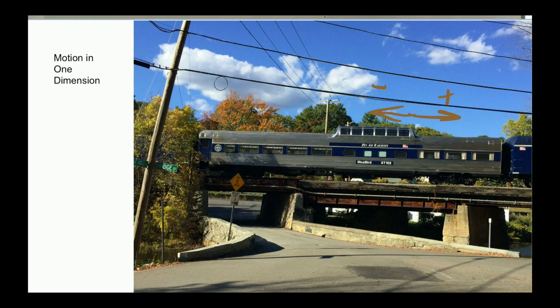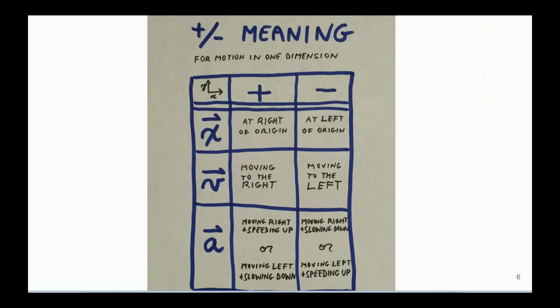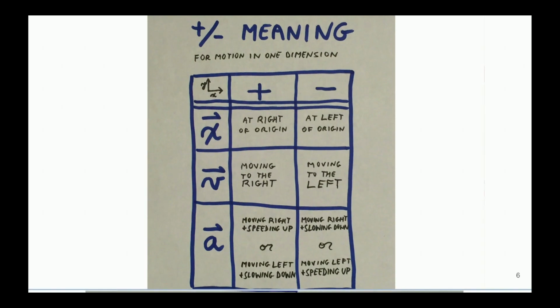If you're in that situation, the plus and minus begin to have a meaning, and we've discussed that earlier, right? So plus for position, where you are relative to the origin. Plus for velocity is moving to the right. And for acceleration, there's 4 different cases, as we've discussed at length.